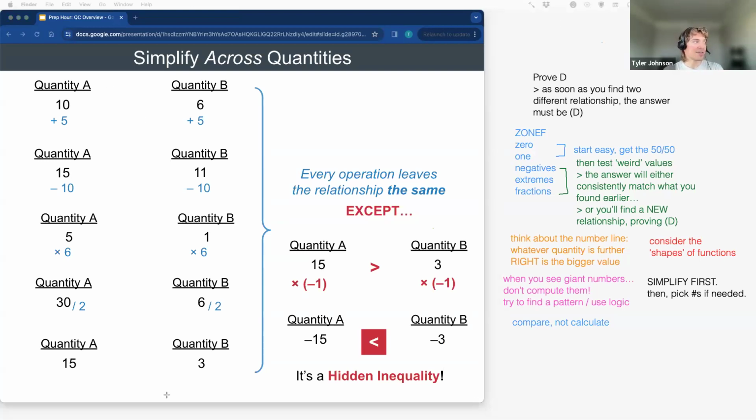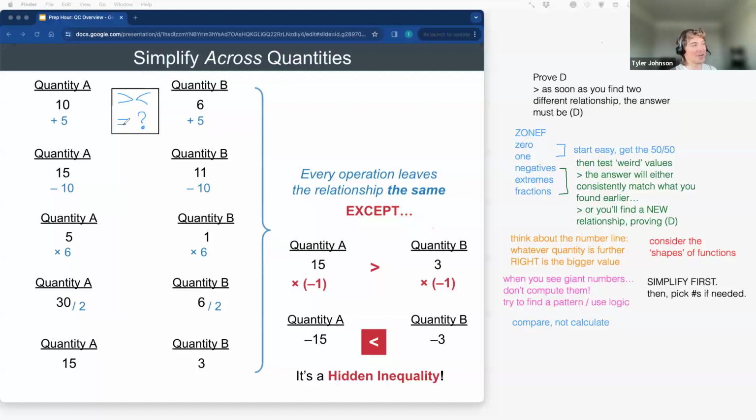So the logic here is kind of like thinking that the person who wrote a quantitative comparison, there's this box between the two quantities, and that box might contain a greater than or a less than or an equals, or I'll call it a question mark for the D situation. The person who wrote the question knows what's inside that box.